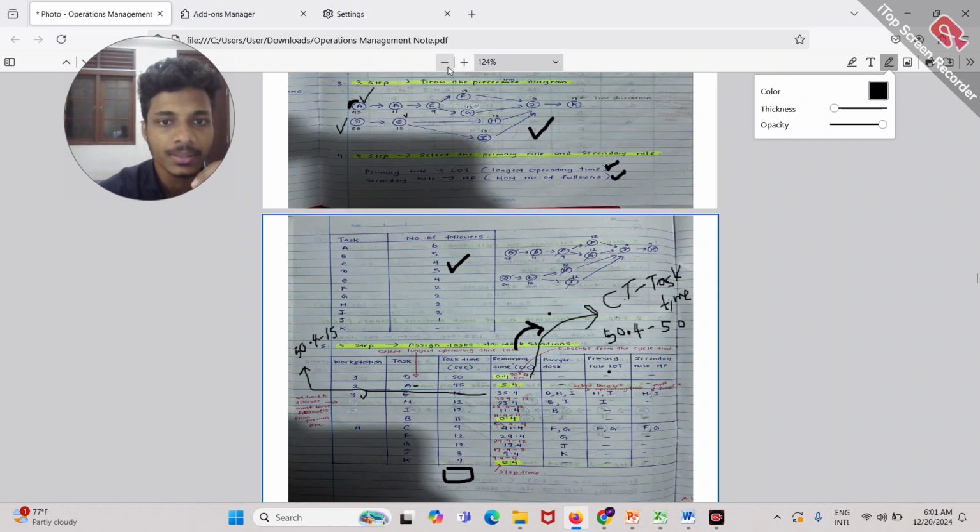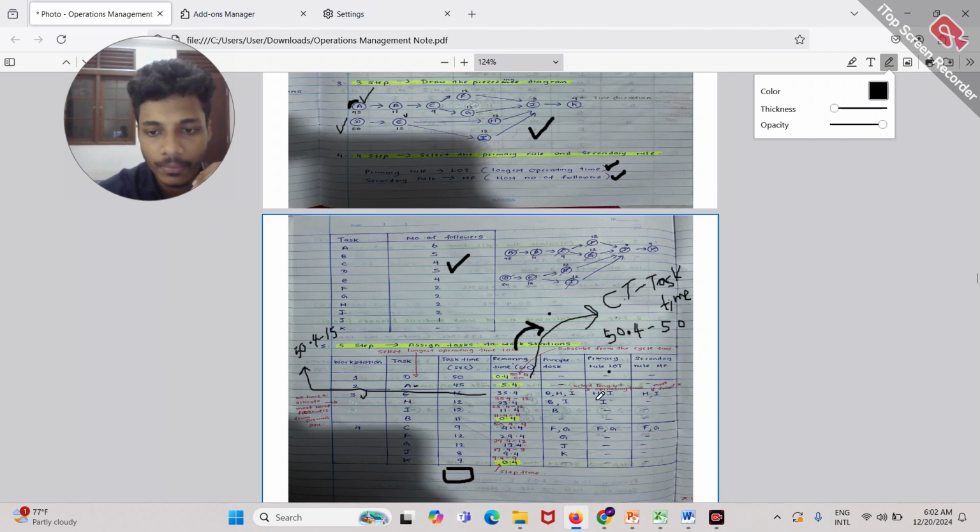What are the remaining tasks? B, H, I. E is already allocated. Then B, H, I, right? What is the longest one? H and I, right? According to the primary rule, H and I are higher than 11, right? This 11 is the task time. Therefore, 12, and you can select any one, right? They have the same followers and the same operating time.